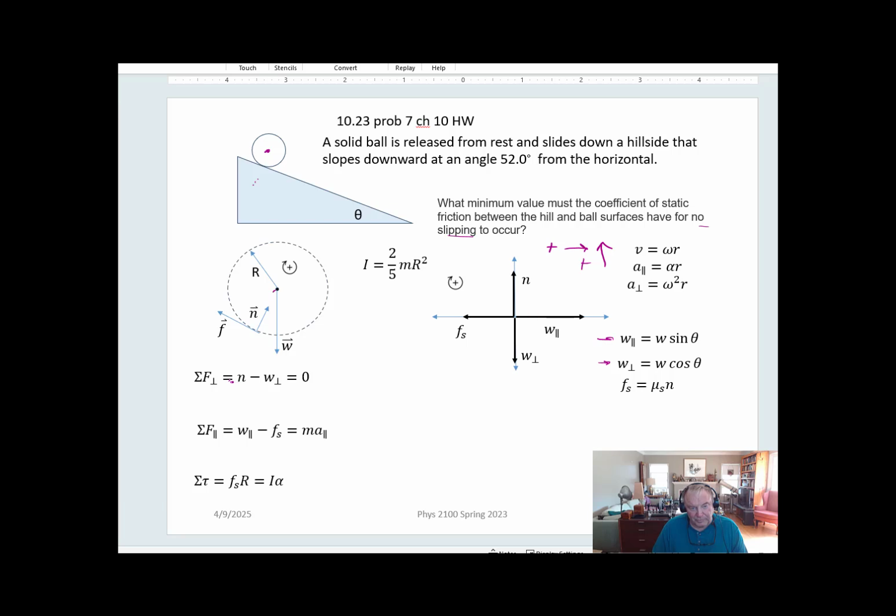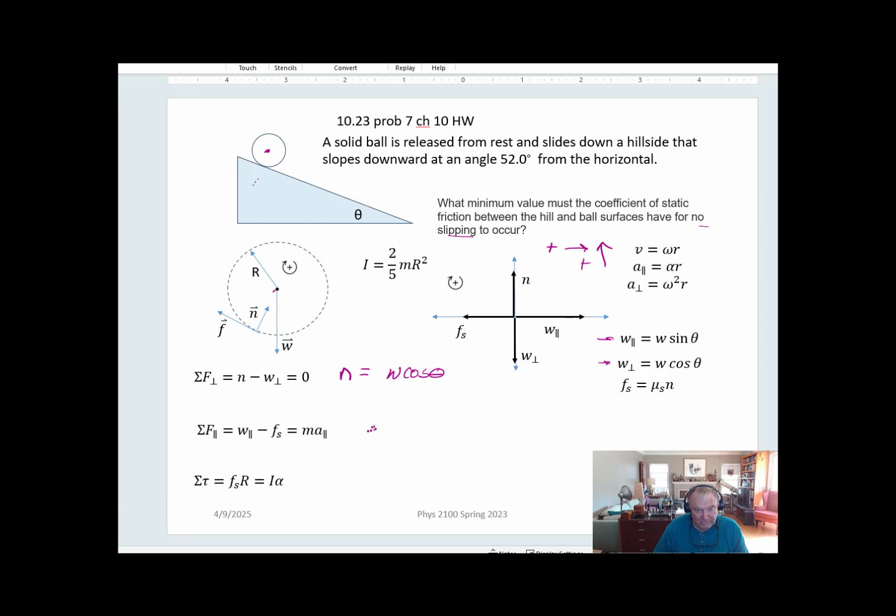First of all, we see the perpendicular forces are the usual culprits, the normal and the weight perpendicular, and they equal 0, so we can make this say W cosine theta. And remember we're ultimately looking for mu sub s.